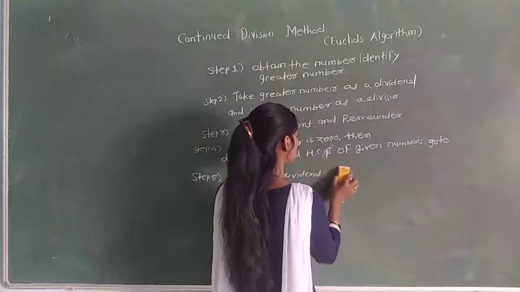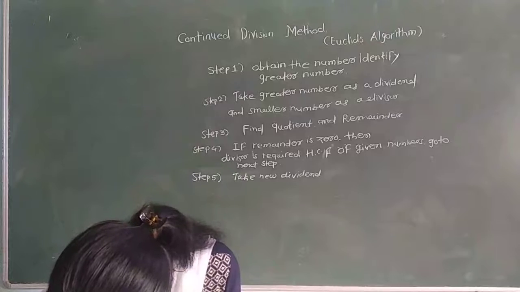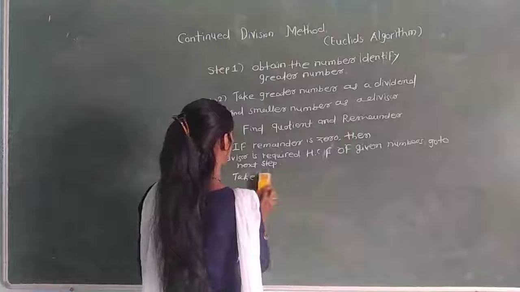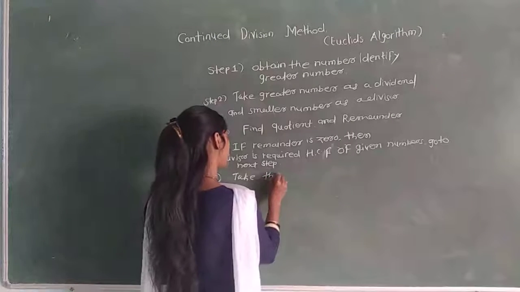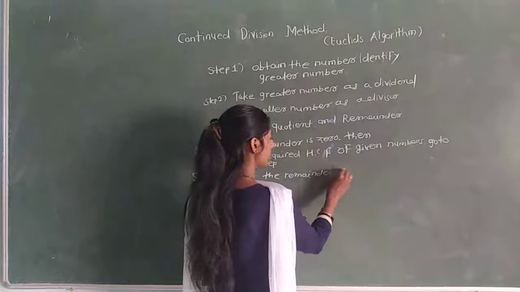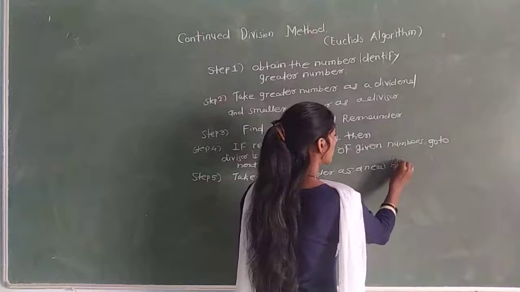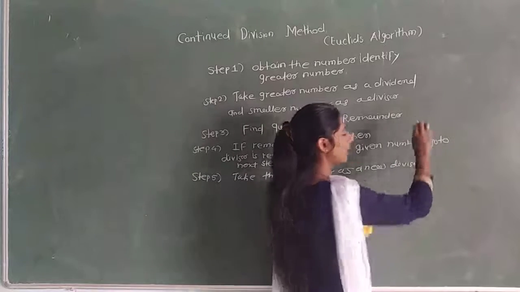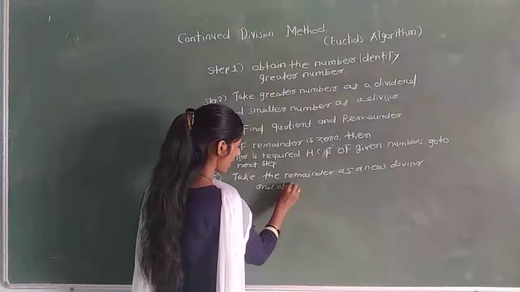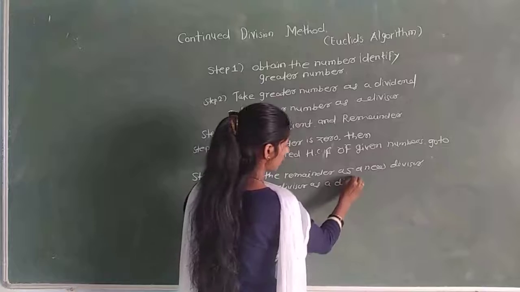Take the remainder as a new divisor and the divisor as a dividend.